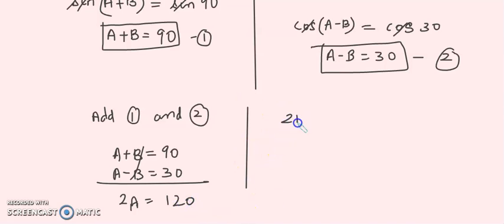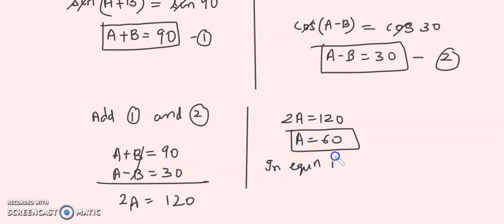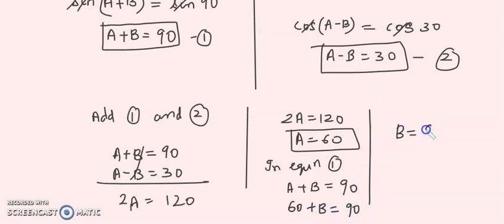So we get 2A equals 120. So A equals 60. Now we'll put this value of A in the first equation. So in equation 1, A plus B equals 90. A is 60. So 60 plus B is 90. Therefore, we'll get our B to be 90 minus 60, which is 30.